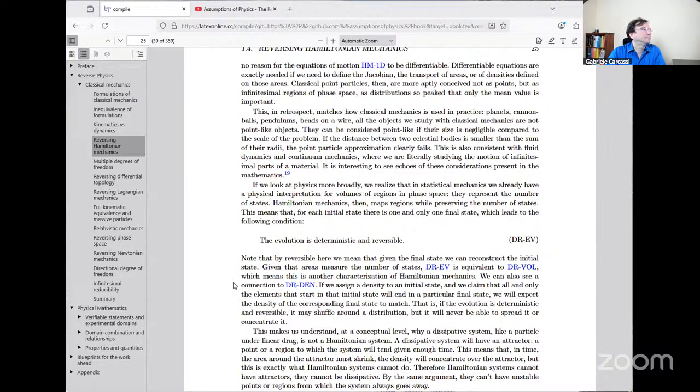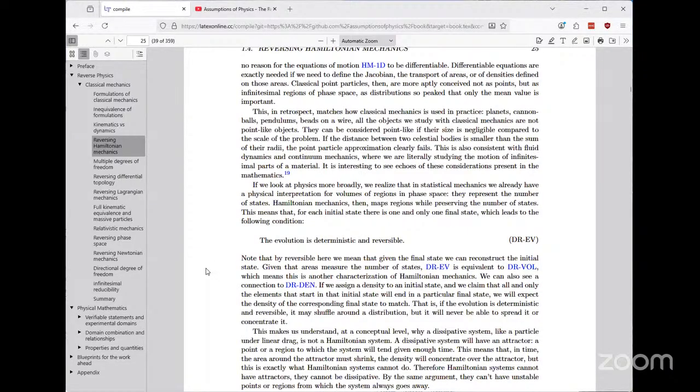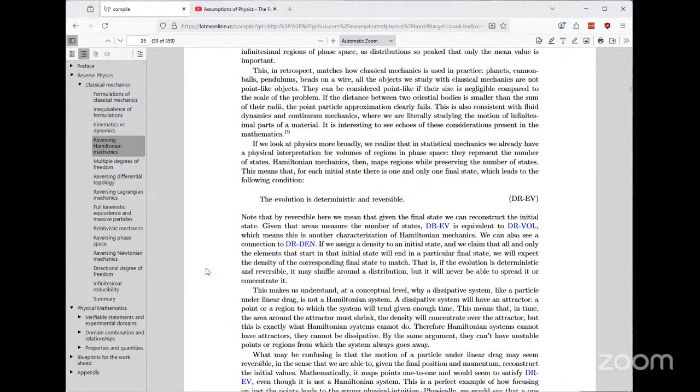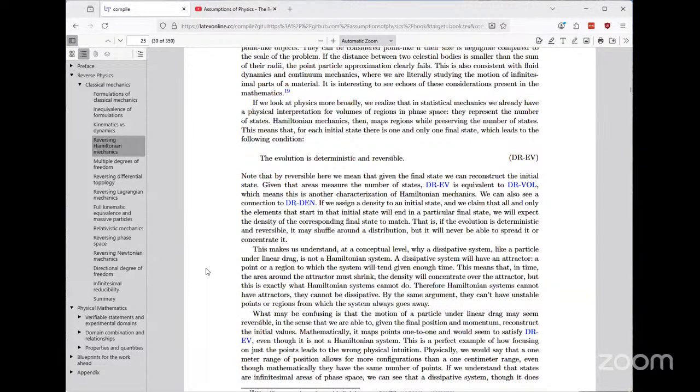Let's go. If we look at physics more broadly, we realize in statistical mechanics, we already have a physical interpretation for volumes of regions in phase space. They represent the number of states. Hamiltonian mechanics then maps regions while preserving the number of states. This means that for each initial state, there is one and only one final state, which leads to the following condition.